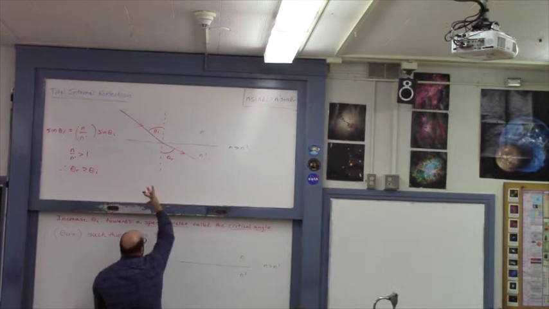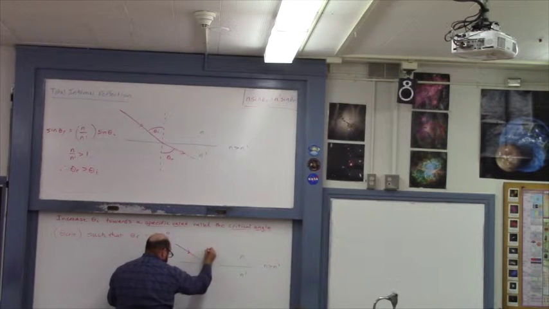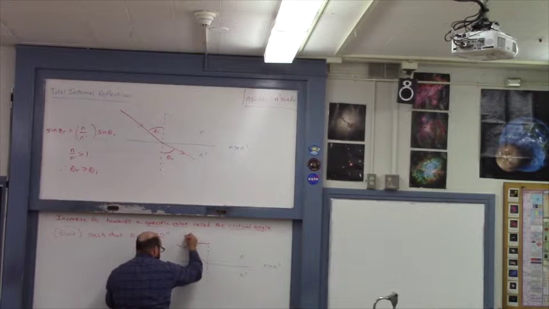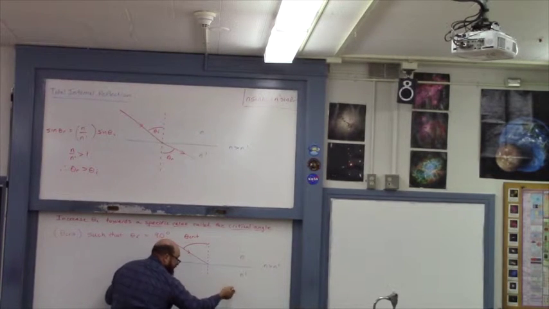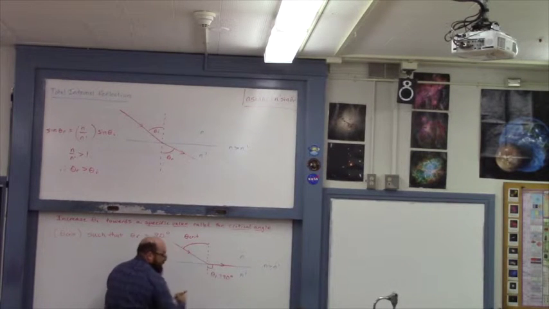Now I make my angle of incidence a little bigger, and when I do, the angle of incidence is this specific value called the critical angle, and then out the other side, the refracted angle is a 90-degree angle. Light literally refracts along the boundary.